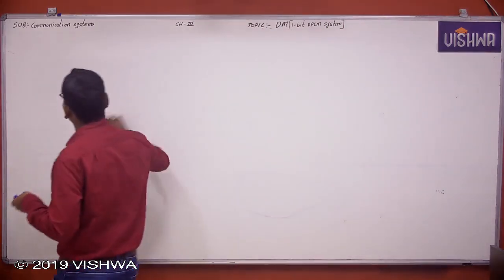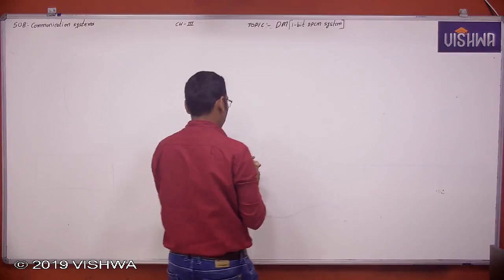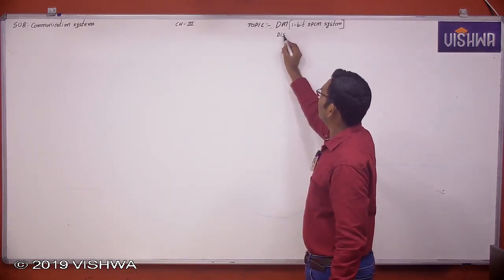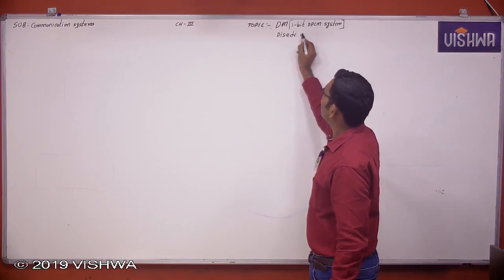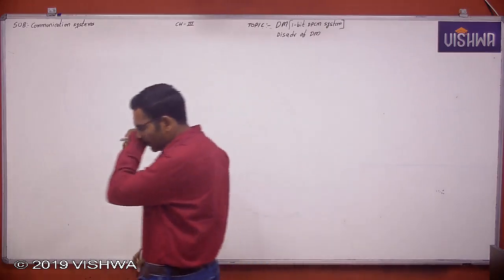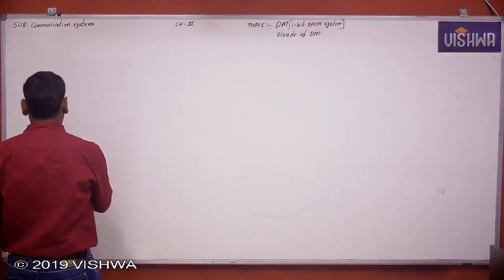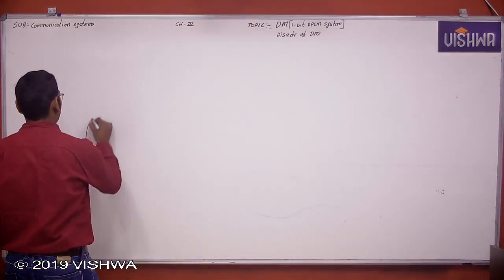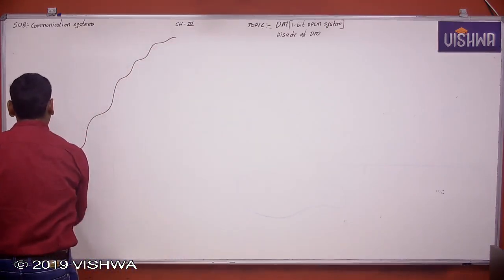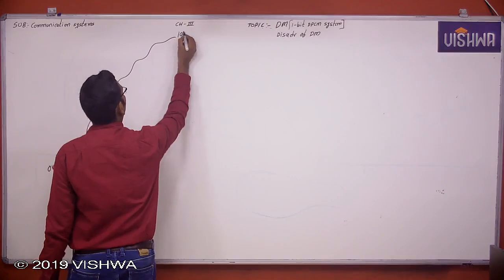Now, disadvantage of delta modulation. Let us take this is a signal whose strength is varied from 0 volts to 10 volts. This is the message signal.